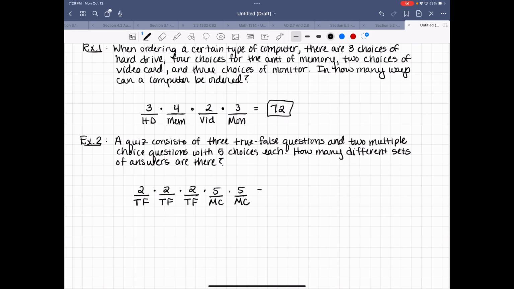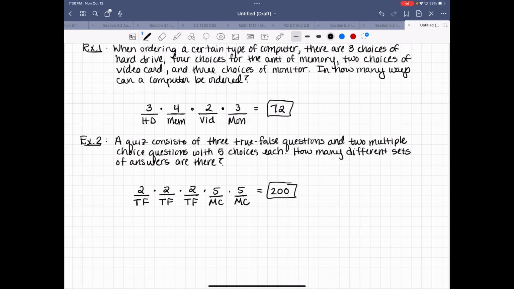Good. Okay? If I multiply all that together, that gives me what? 200, that is correct. Because I got 5 times 2 is 10, and 5 times 2 is 10. 10 times 10 is 100. 100 times 2 is 200, right?